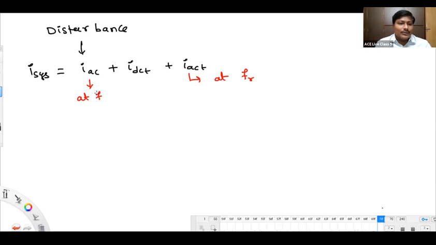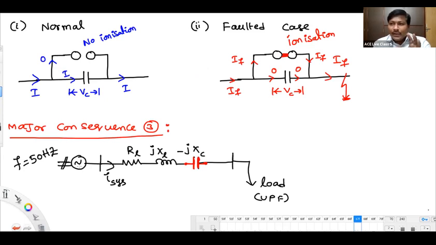Yeah, listen now. See, this AC transient current, whatever is getting created at FR frequency, might create a rotating magnetic field in the air gap of this machine. That may create a torque. Yes or no?